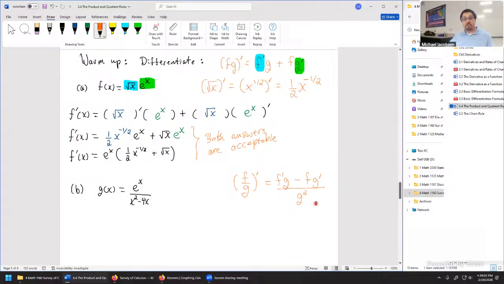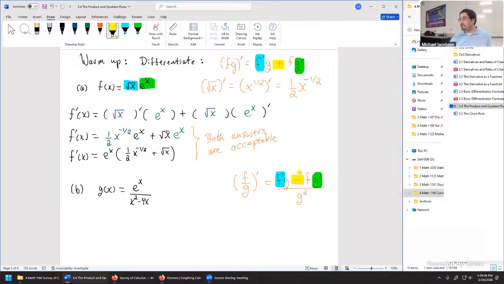So that's the whole structure. It looks almost identical to what we put up here. You really only take 2 derivatives when you go to write out the quotient rule, the f prime and the g prime. And the biggest thing we have to do to tell the difference is in product rule, you have the plus sign, and in quotient rule, you'll have the negative sign to work through.